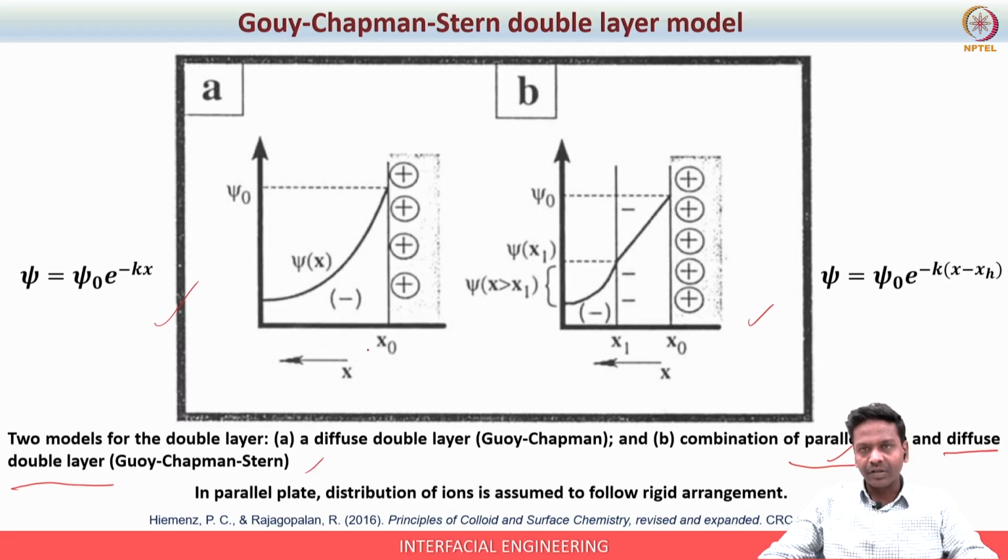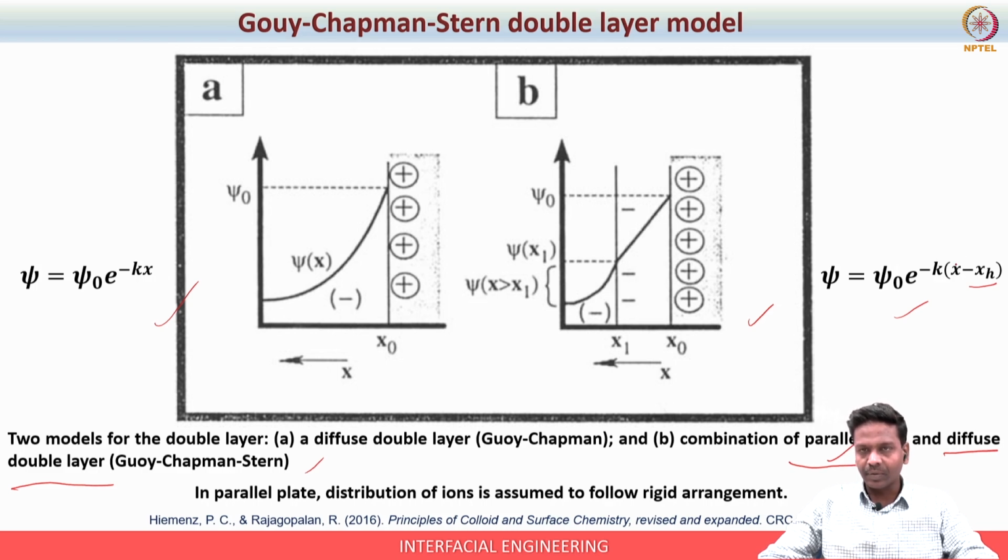Since it is a combination of parallel plate as well as the diffuse layer, we call this the Gouy-Chapman-Stern layer. In this case, the slight modification made in the equation is that you just have to subtract x_H from the distance x. This is the distance covered by the Stern plane, in which there will be a linear variation of potential.